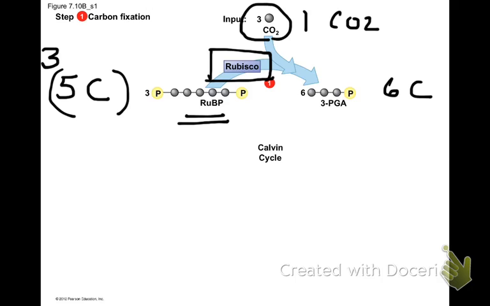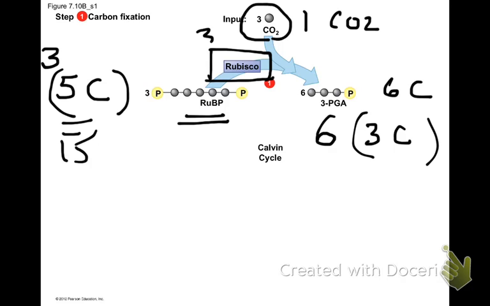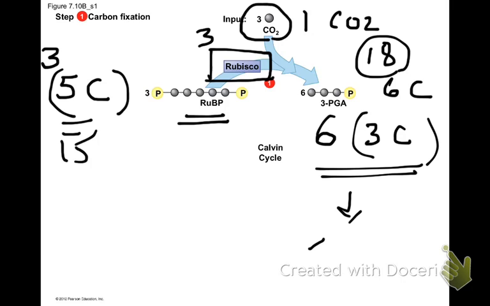So what do I get? I get 6 3 carbon molecules. So this is 15 plus this 3 is 18, and this is how I get it. So these are restructured. Okay, this is the first stable product. That 6 carbon that I initially get is not very stable.